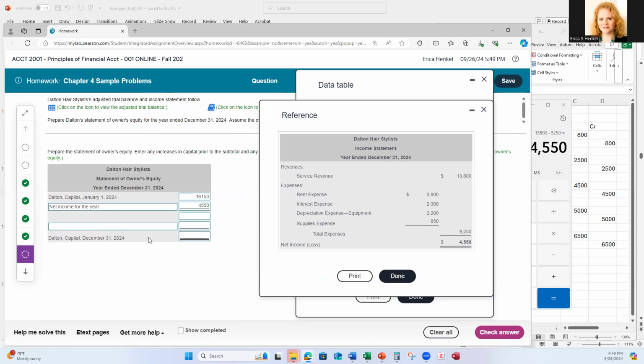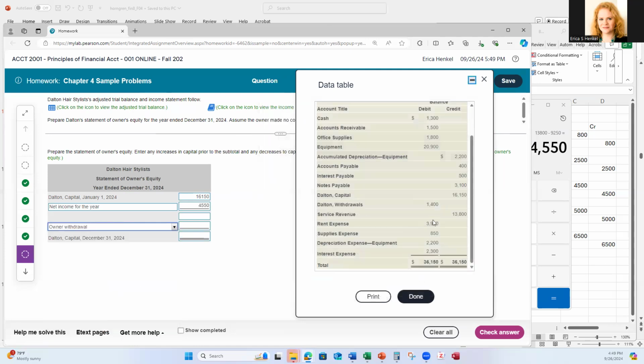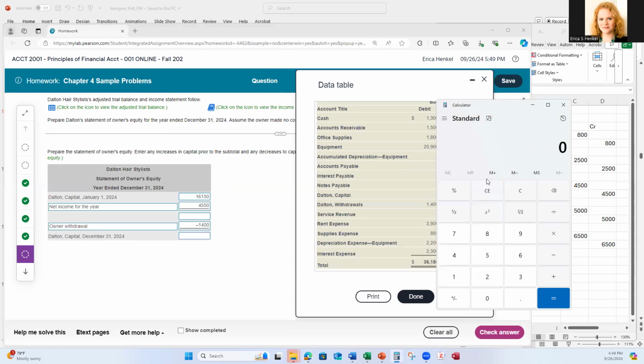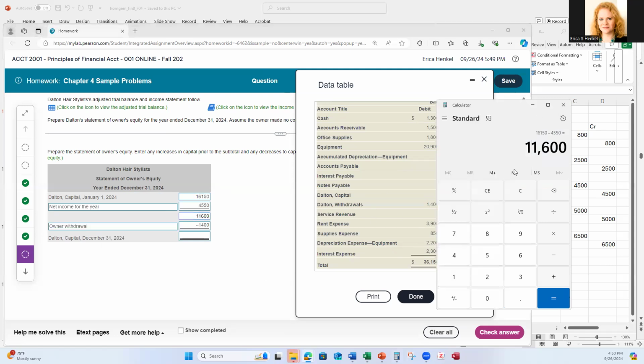And then we will also subtract out our owner withdrawals, which would be on the balance sheet here. So 1,400. So we're just going to then calculate our subtotal and total here. 16,150 minus 4,550 gets us 11,600. And then, oops, it should be plus, actually. Never mind. Sorry, I should have added that because we had income.